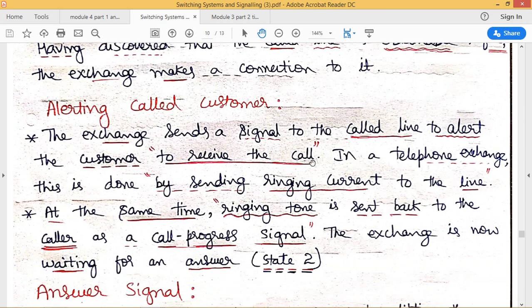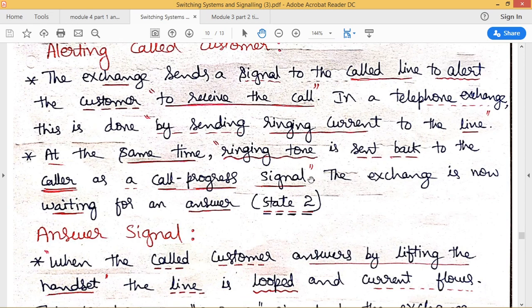In a telephone exchange, this is done by sending ringing current to the line. At the same time, the ringing tone is sent back to the caller as a call progress signal.